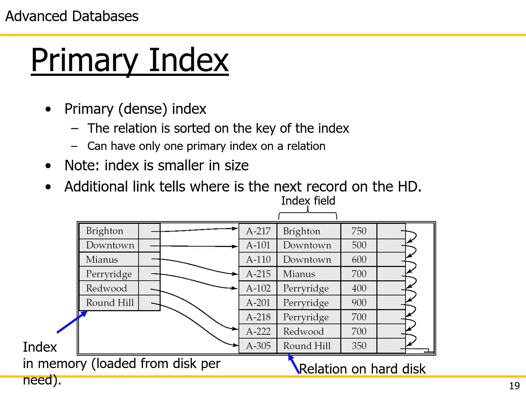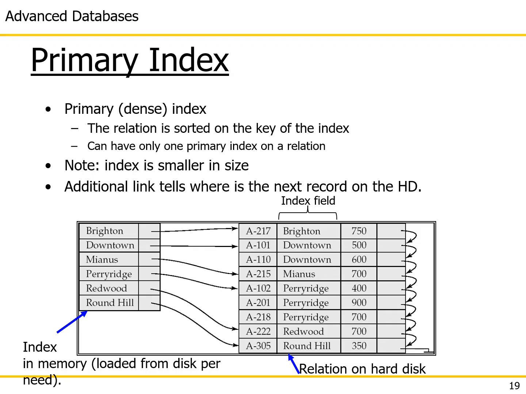So the arrow that comes out after Brighton is telling me where Brighton is, which row. And if we divide the table into pages, which page on disk and which row in that page. So the total amount of space occupied by an index is quite small compared to the total amount of space typically occupied by a large table.